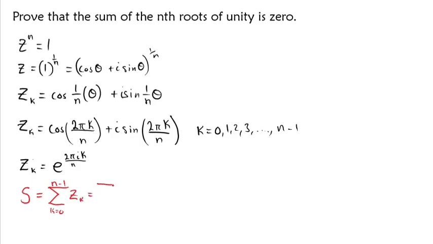But we've written zk in exponential form, so from k equal to 0 all the way up to n minus 1, it is e to the power 2 pi ik divided by n.